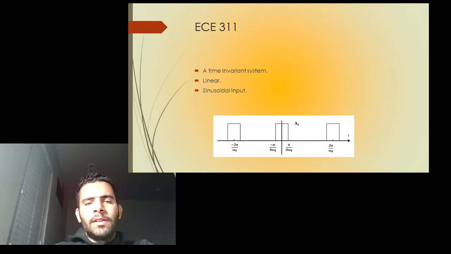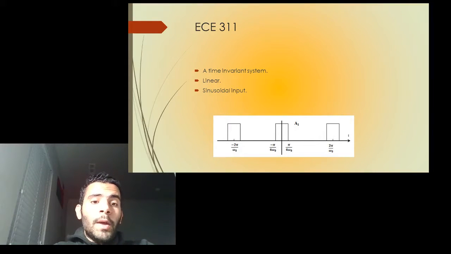As we can see from the schematic I just showed you, the amplification system is a time invariant system, and that's because the input of the system does not change over time. The system also is a linear system, and that's because it passes homogeneity and additivity as we studied in 311.